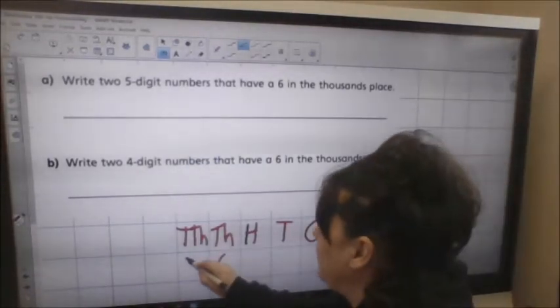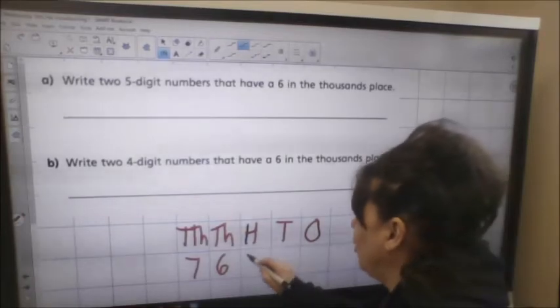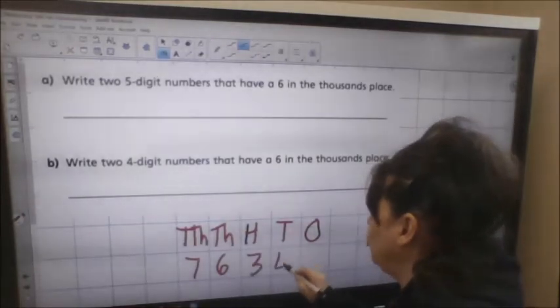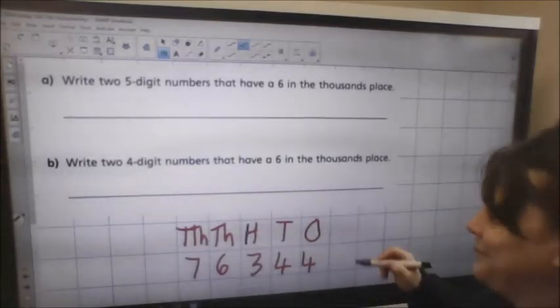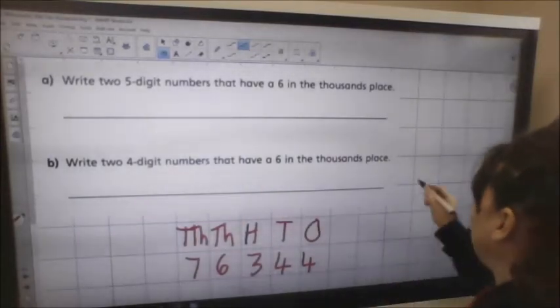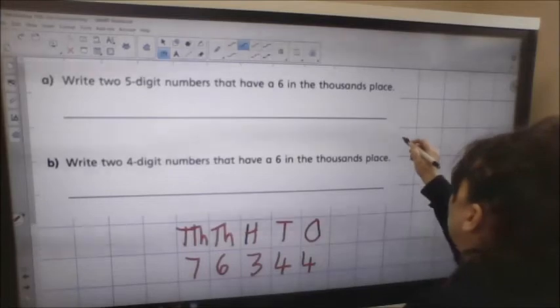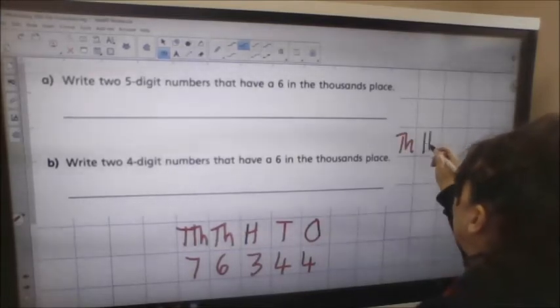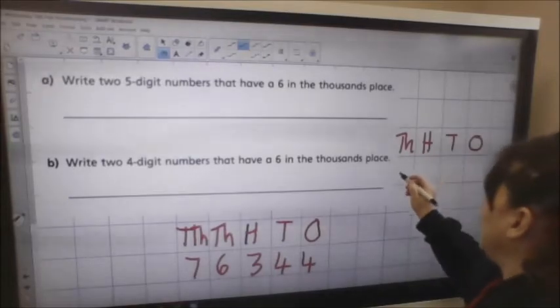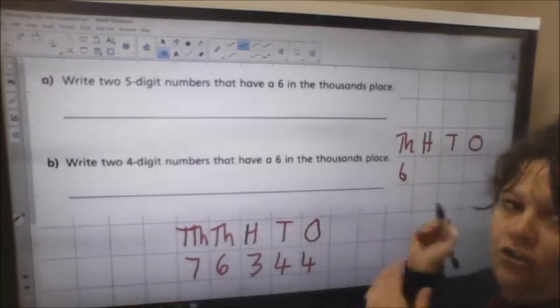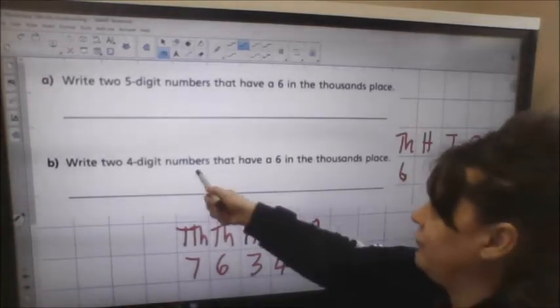So I'm going to have 76,344. That's one of my 5-digit numbers. And a 4-digit number with a 6 in the thousands place. Well, I've got thousands, hundreds, tens, and ones. I'm going to put my 6 in the thousand place, so I know it's always going to begin with a 6 when it's a 4-digit number.